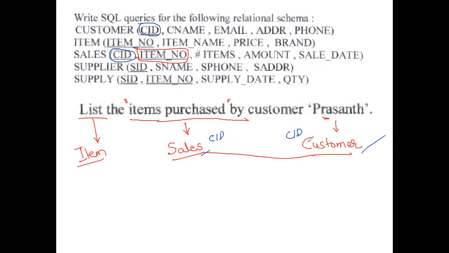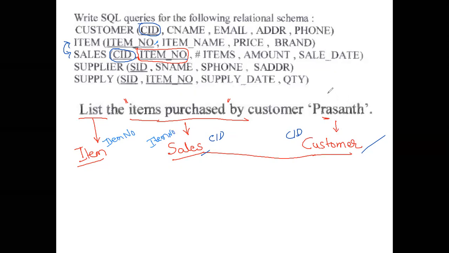Next, how to join the item and sales tables? Look at these two tables. Any common attribute? The common attribute is item number. So these two tables can be joined by the item number, and on both sides the attribute name is item number.